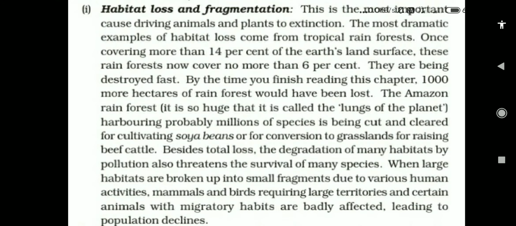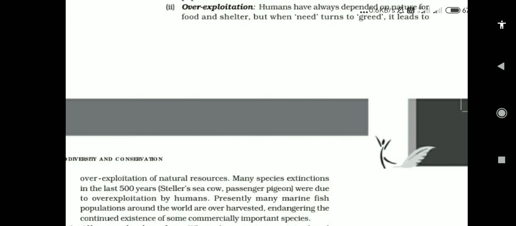The second cause of biodiversity loss is overexploitation. Day by day human activities are increasing. We depend on plants for food and shelter, which is our basic requirement. But now we have turned to greed.